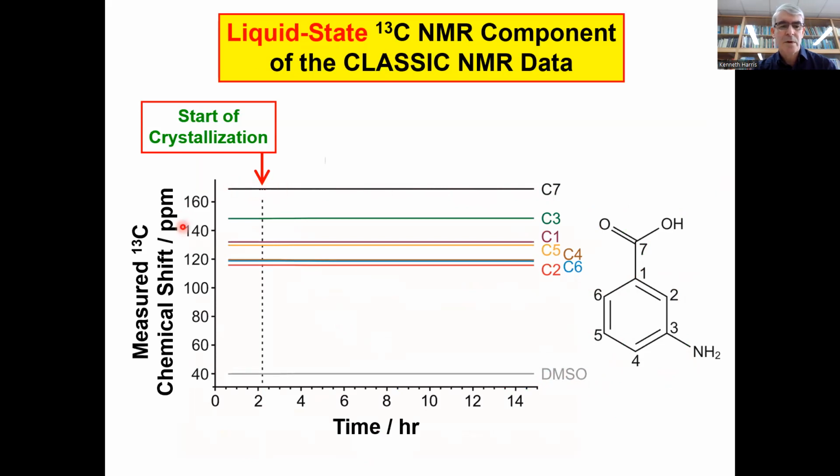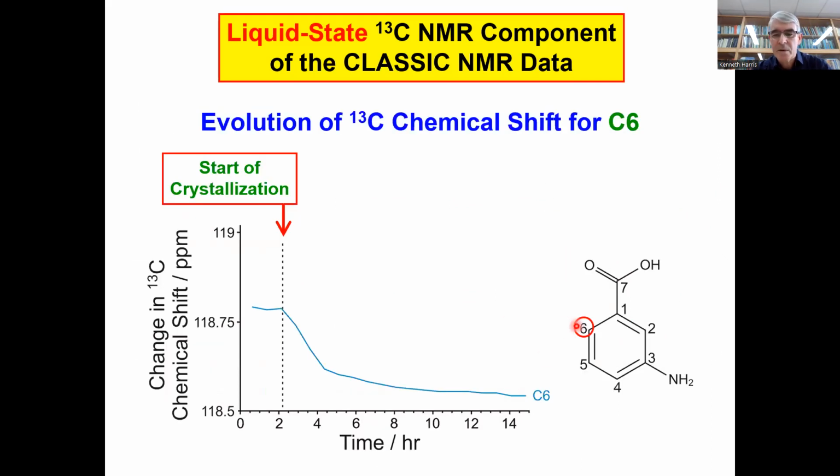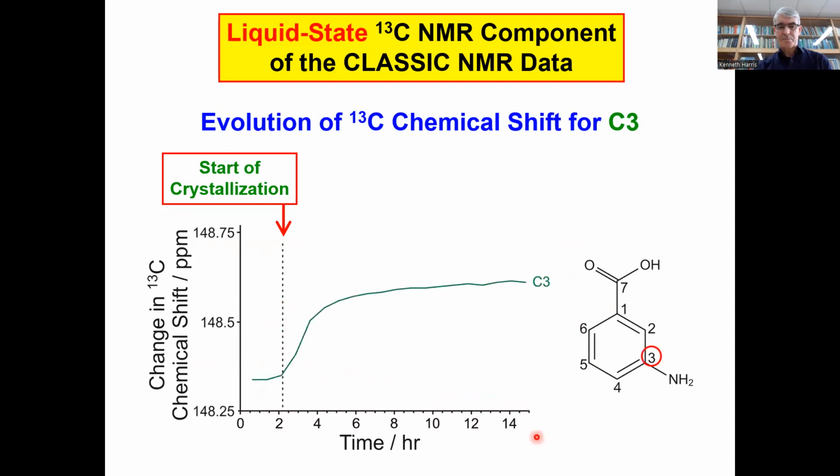We'll look at them over the same chemical shift range and see how they evolve as a function of time. So focusing first on carbon 6, we can see at the beginning, for the first 2 hours, no change in the liquid phase chemical shift. But then suddenly, at the moment when crystallization begins, at just about 2 hours, we can see a very well-defined change in this chemical shift to a lower value, as shown there.